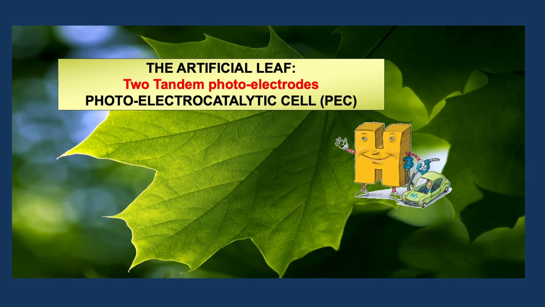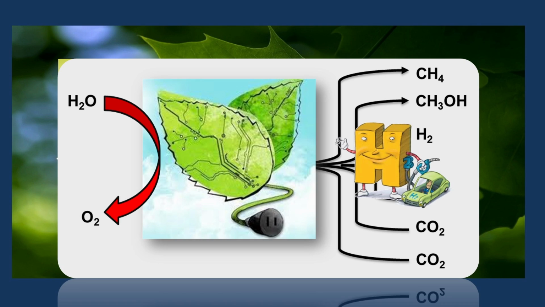Okay, so let's talk about the artificial leaf. Can we reproduce these processes in a lab? That deals with a tandem photoelectrocatalytic cell. This is the most mature technology right now, and it basically means that we use water as a renewable source of protons and electrons.